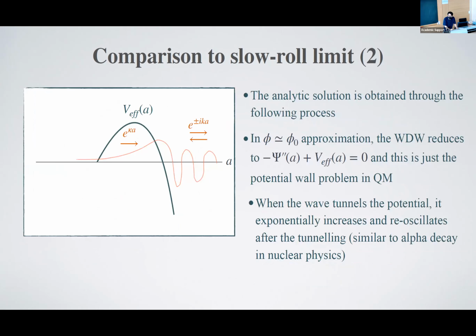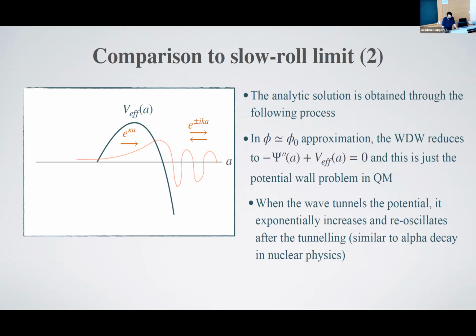To compare our numerical result to the analytical result, let me explain how the analytic solution is obtained. The analytic solution is obtained through the following process. In the limit where phi is a constant phi_0, the Wheeler-DeWitt equation reduces to this simple equation, psi double prime plus V effective of A times psi equals 0.